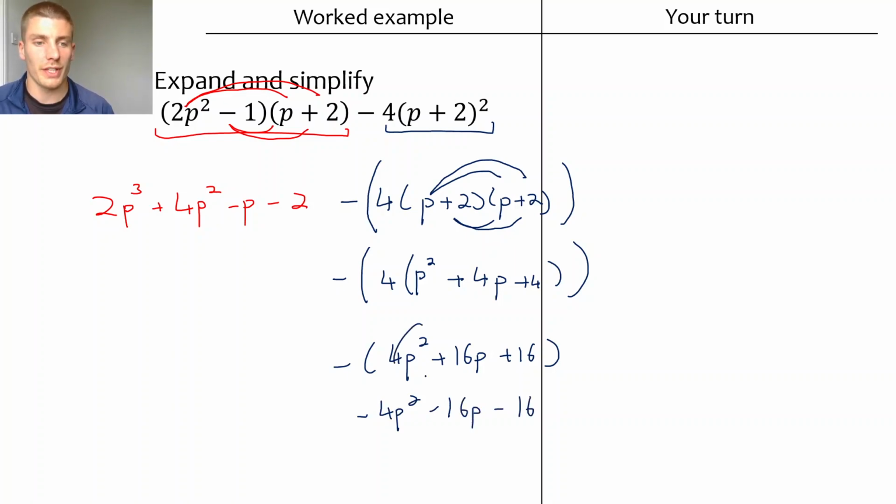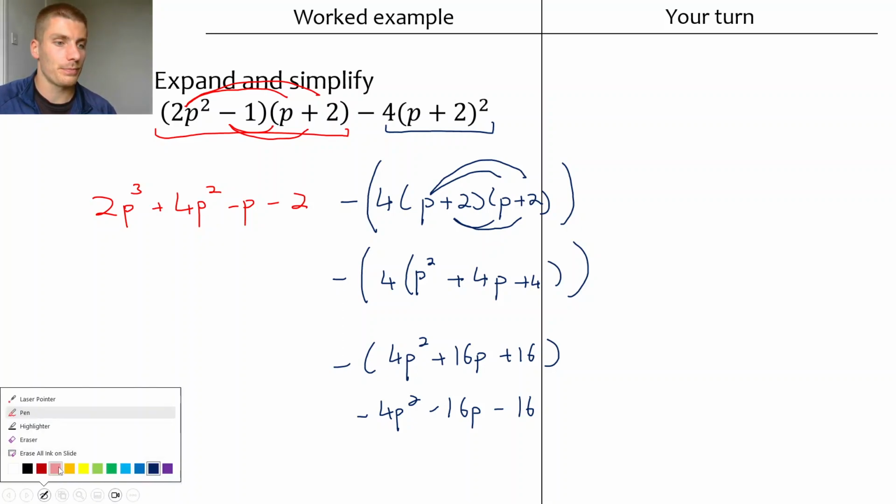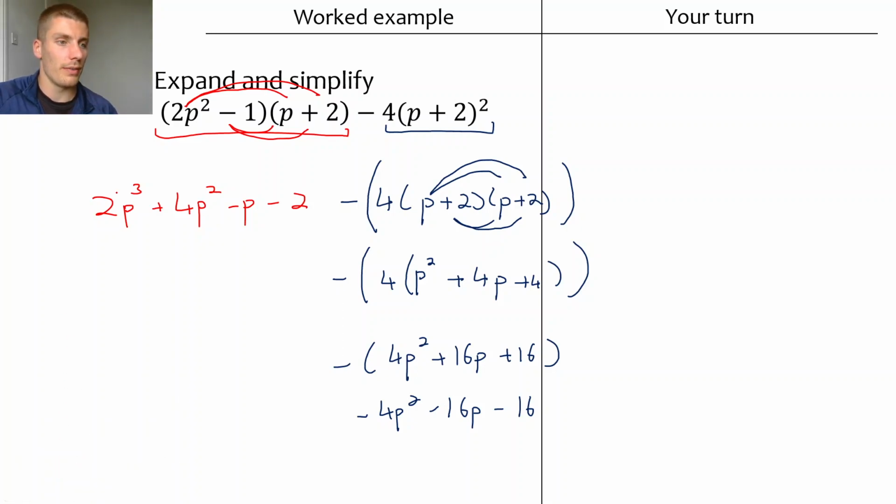Because they're all positive terms in here, the negative will make everything negative. So overall, I've got the part in red up here, which is 2p cubed plus 4p squared minus p minus 2. And I've got all of this part as well with it.